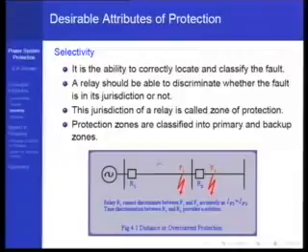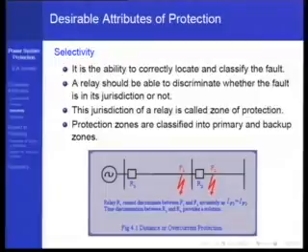Now you can see here that if this was an overcurrent relay or a distance relay, it won't see much difference in the fault current or impedance if the fault is at F1 or F2, just before or after the circuit breaker R2. So this brings out the important issue that it is not very easy to provide selectivity.